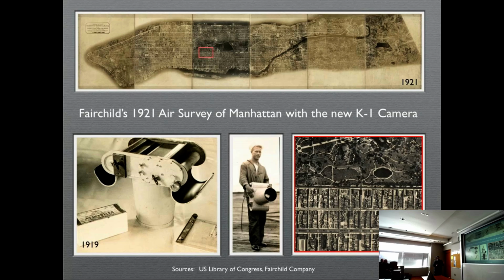Fairchild, who was a very good businessman on top of being a good aerial photographer, immediately used the camera to provide this very nice mosaic of Manhattan. He collected 100 air photos and stitched them together. This was done in 1921, actually, a couple of months after the Halifax survey was done.